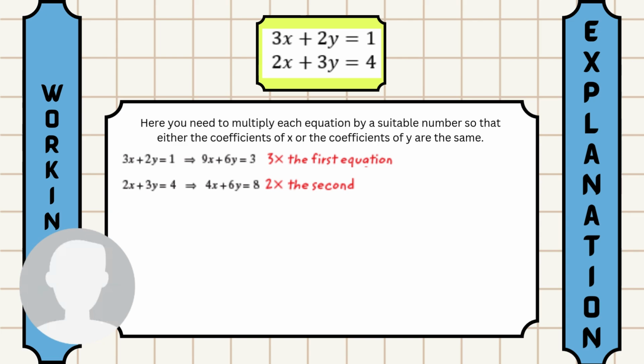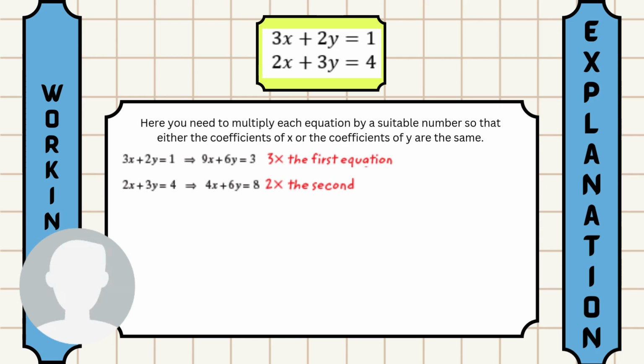So the explanation would be you need to multiply each equation by a suitable number so that either the coefficients of x or the coefficients of y are the same. Let's say I want to make the coefficients of y the same. So for the first equation, we need to times by 3, and for the second equation, we need to times by 2, right?